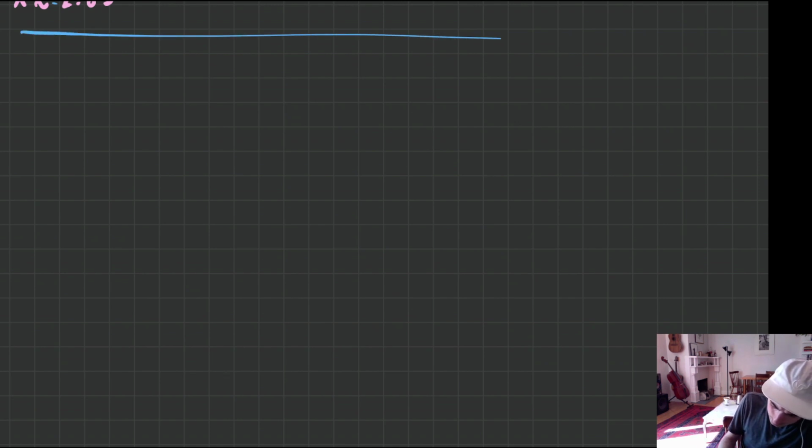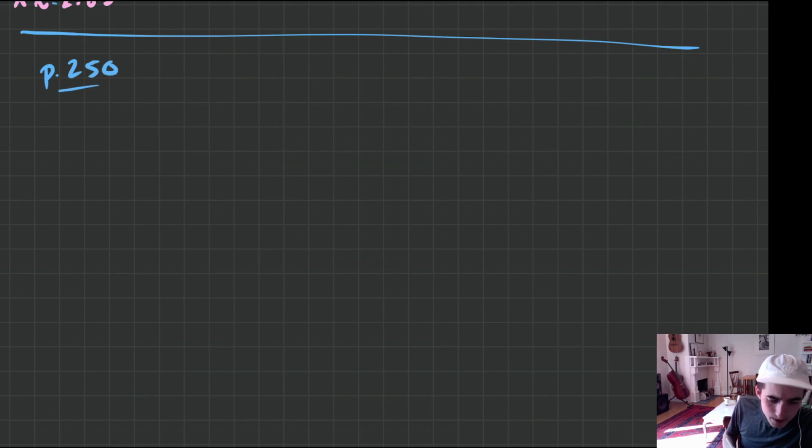So I'm gonna do this example. This one's from your textbook, on page 250. It's not an exercise. It's just one of the examples that they have here. So let's see if we can factor.